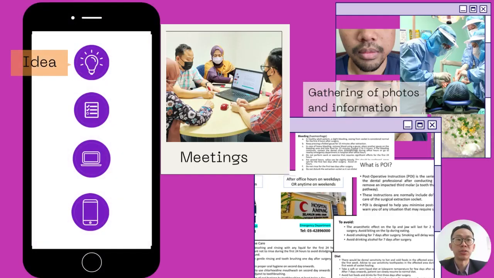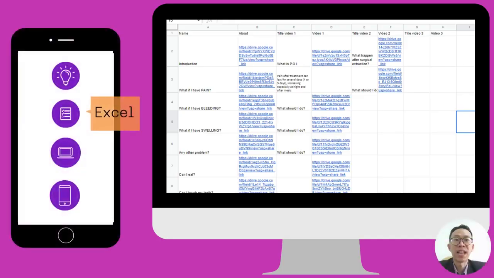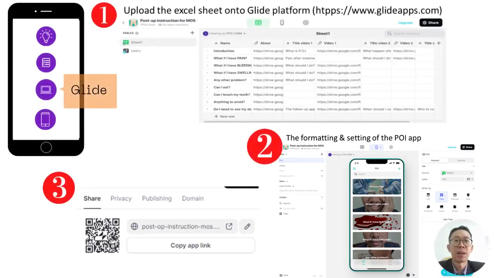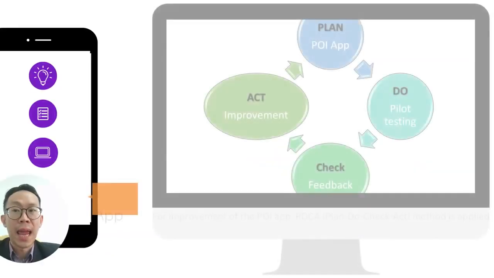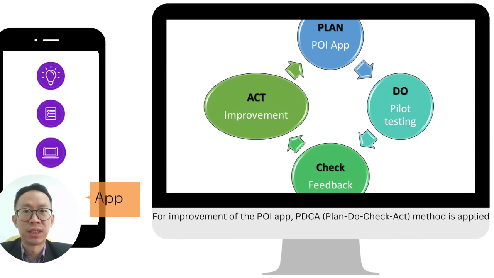This photo shows the process of developing an innovation app through various meetings, gathering ideas and information among the team members. The ideas are collected, compiled, and stored in Excel. We uploaded the Excel file onto the Glide platform to develop the app. To improve the app, we utilize the plan, do, check, act strategy.